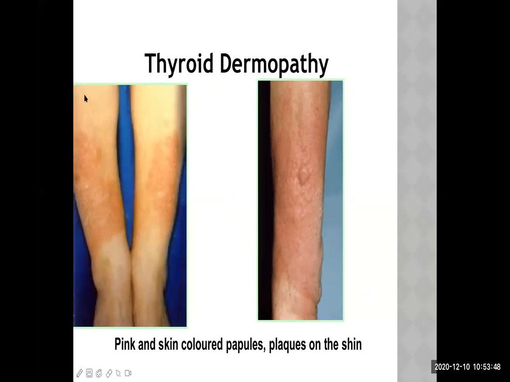Now see, this is the anterior surface of the tibia. Right there, there is a deposition of glycosaminoglycan or connective tissue substance, and it has an indurated type of feeling. Indurated means slightly hard. So this is a typical case of thyroid dermopathy.